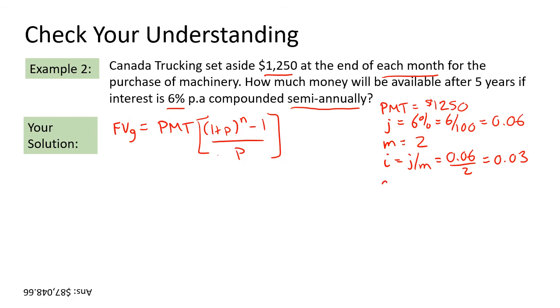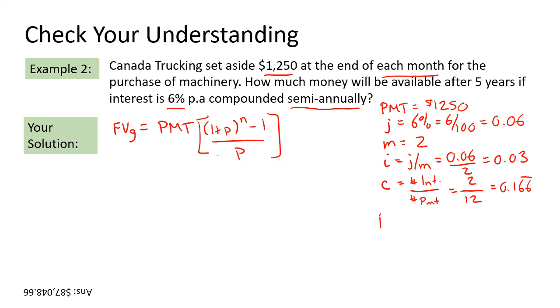The first is your ratio C, and that's the number of interest periods divided by the number of payment periods. So interest is semi-annually, which is 2, and your payment periods are monthly, which is 12. So 2 divided by 12 gives you a ratio of 0.1666, a repeating decimal.